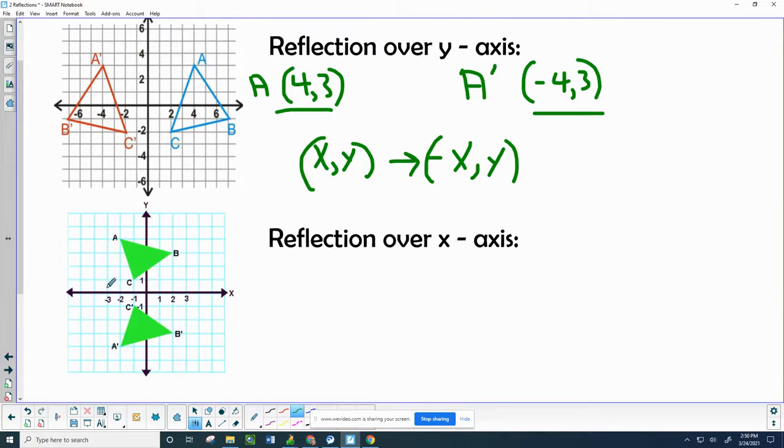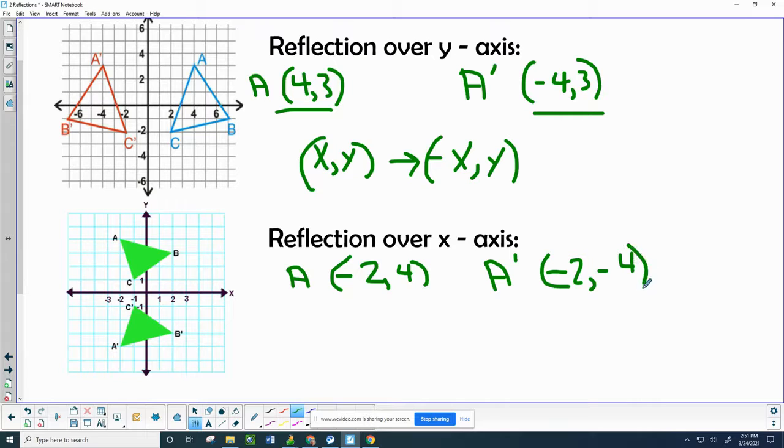Okay, what if we reflect over the x-axis like this one? So let's take a look at point A again. Our point A happens to be at negative 2, 4. And then when we go to A prime, our second image, the reflected image, we find out that we're at -2, -4.